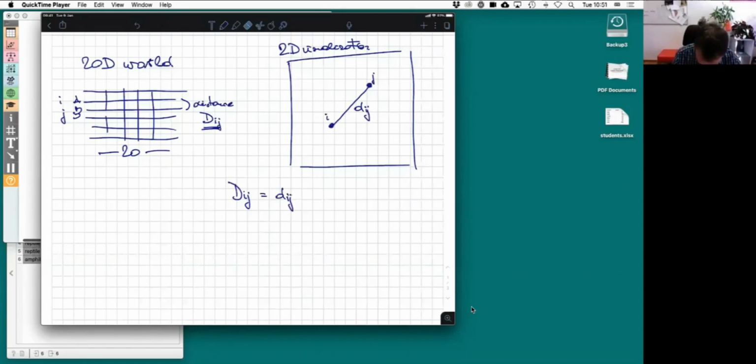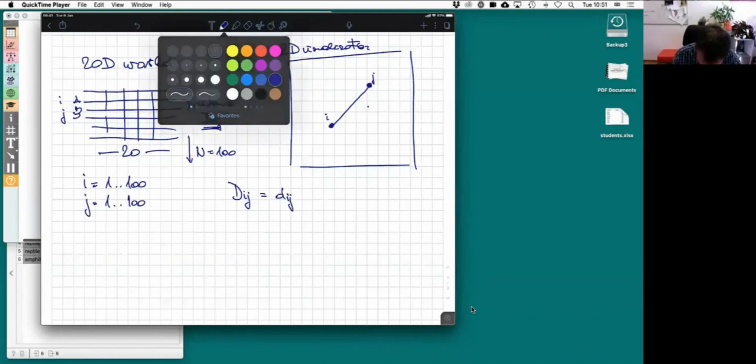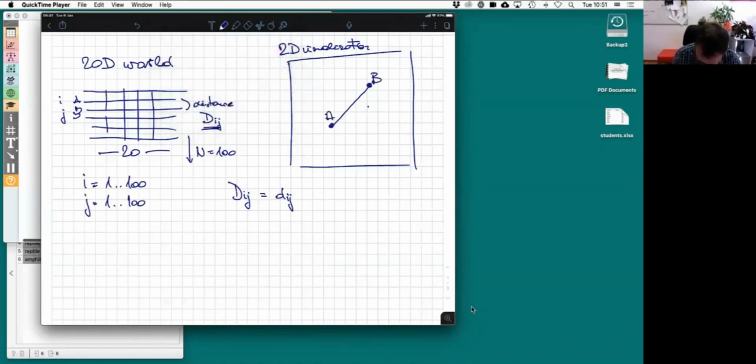I can do that if I have 2 points, but I don't have only 2 points. I have n points here, maybe n is equal to 100, let's say. So i goes from 1 to 100, and j goes from 1 to 100, okay? And I would like to not just put these points such that their distance is kept the same, but all the other points too.